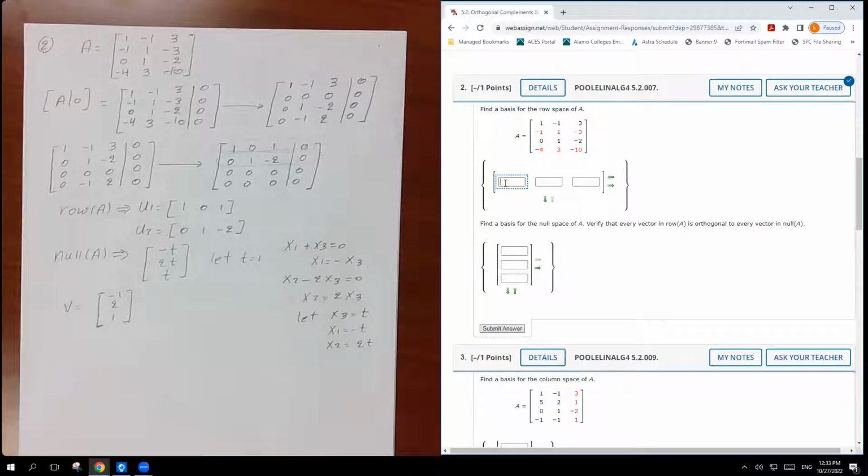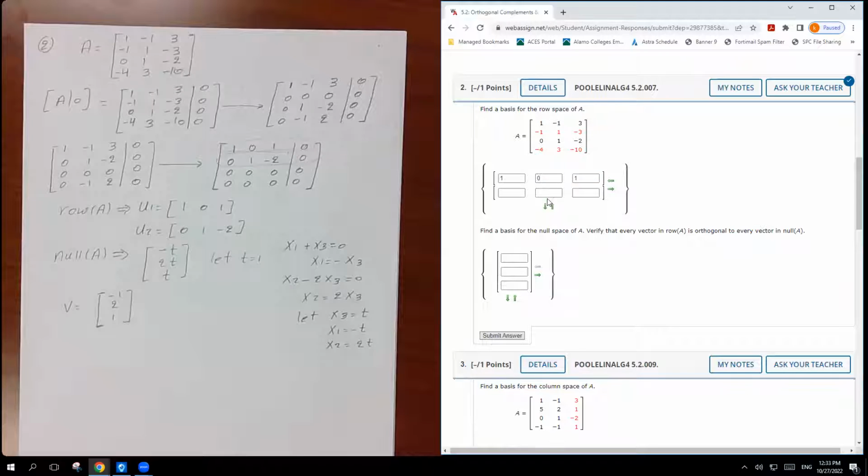The first one is 1, 0, 1, and the second one is 0, 1, -2. And the basis for the null space of A is -1, 2, and 1.